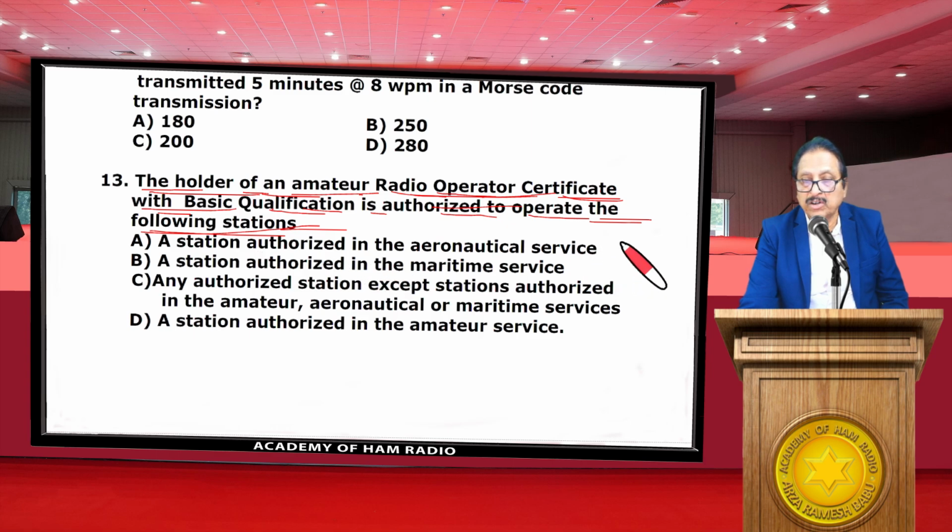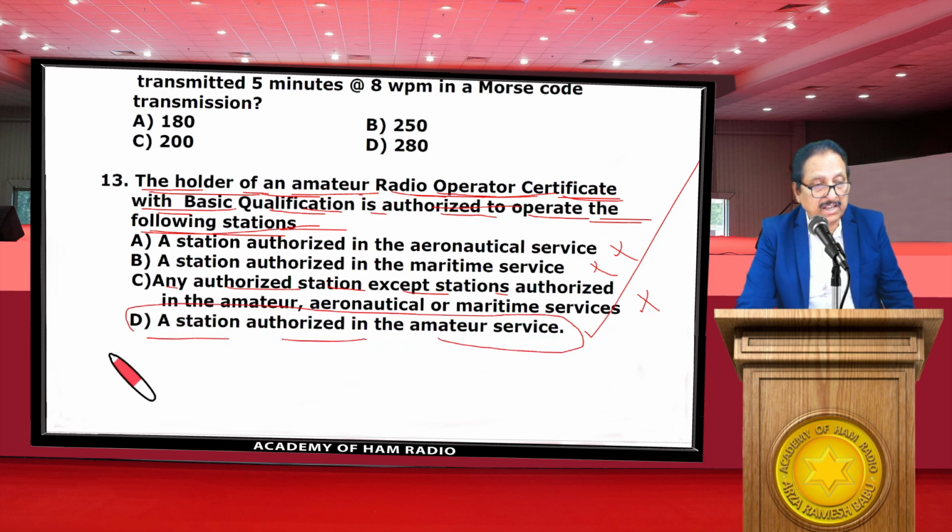Authorized in the aeronautical service is wrong. A station authorized in the maritime service is also wrong. Any authorized station except stations authorized in the amateur, aeronautical or mobile services is also not correct. Right option: a station authorized in the amateur service. This is the right answer. Delta is the right option.